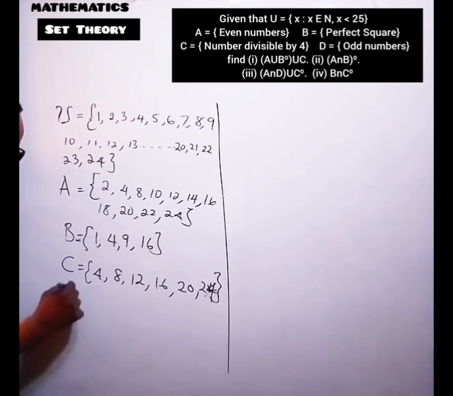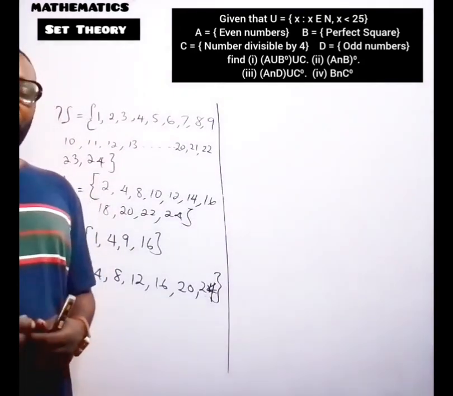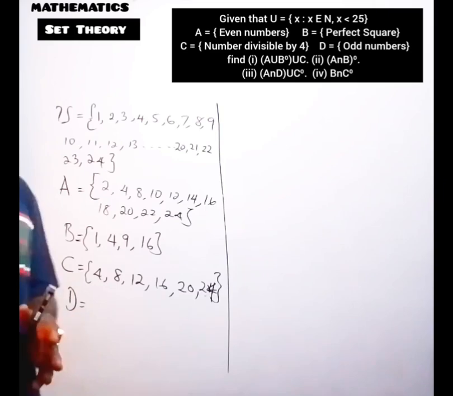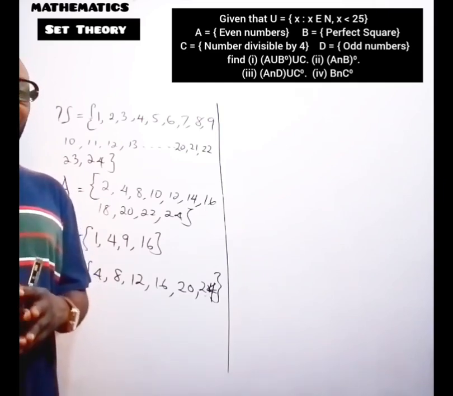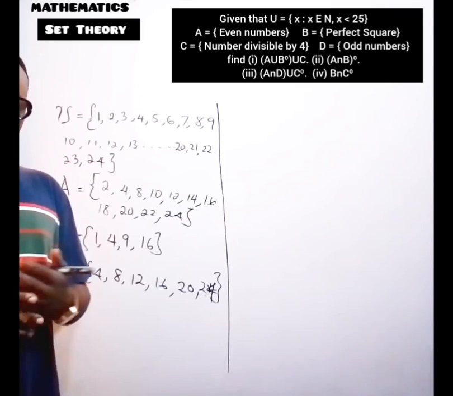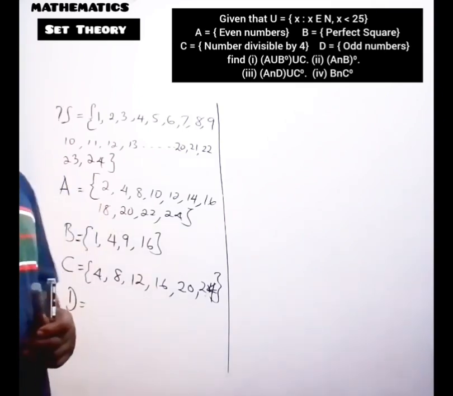Now, for the D part. D part asks us to provide the values of the odd numbers. And we all know the meaning of odd numbers. Odd numbers are a set of integers that are not multiples of 2. They start from 1.